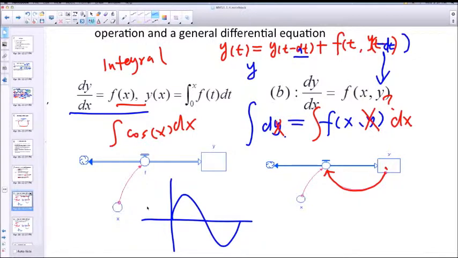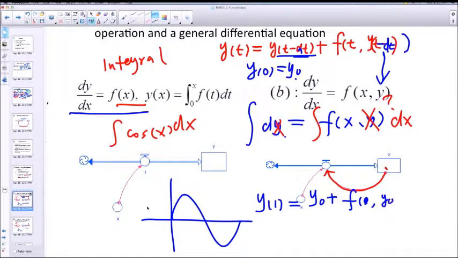You know the y0 equal, for example, 1,000 or anything. Then you start from the first step and you get to y1, 1 nanosecond, 1 millisecond, that's up to you, equals y0 plus whatever f you have. Now you know f, you know the y0, you have no problem in the numerical method.